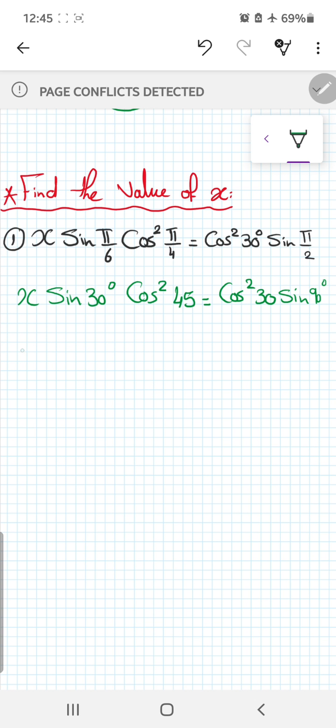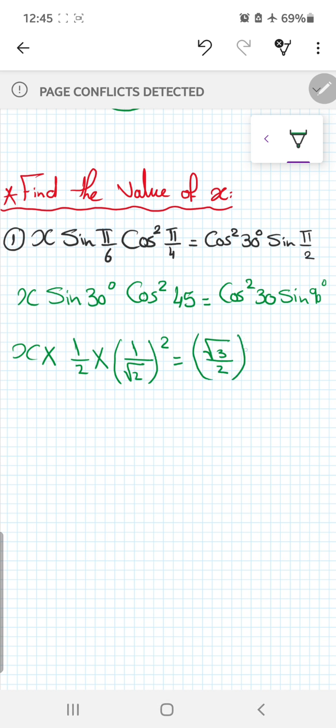In your calculator, x multiplied by sine 30 equals half, multiplied by cosine 45, which is 1 over root 2, all to the power 2, equals cosine 30, which is root 3 over 2, all to the power 2, multiplied by sine 90, which equals 1.